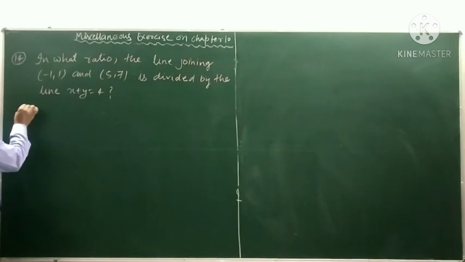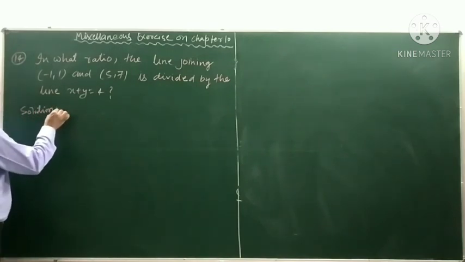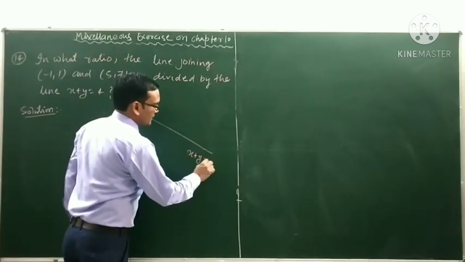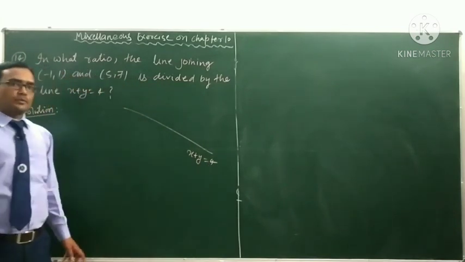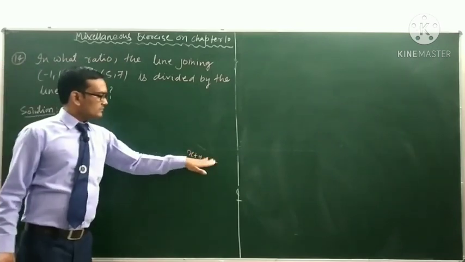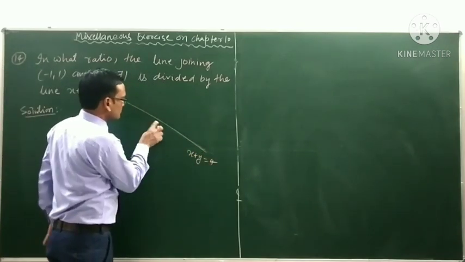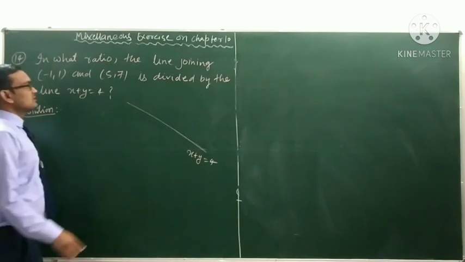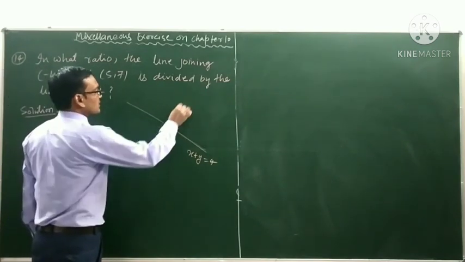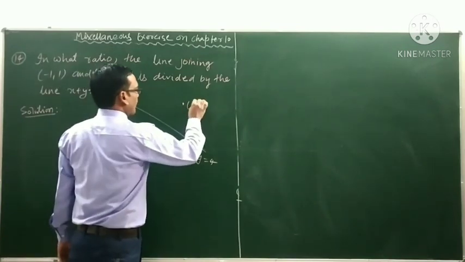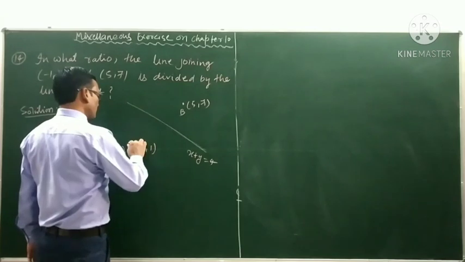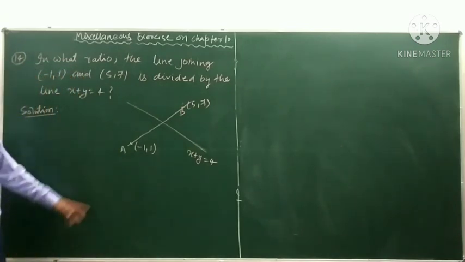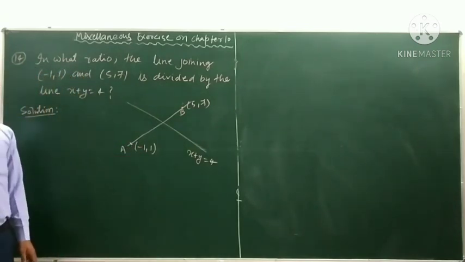Okay students, suppose x + y = 4 is the equation of the line, and there are two points, (-1, 1) and (5, 7), joining the line segment.